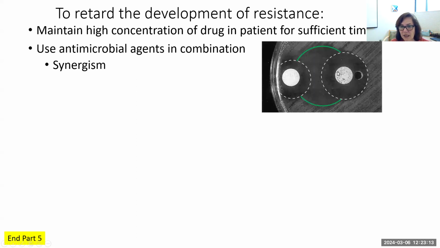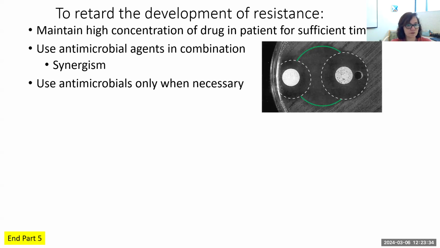Here's one antibiotic. Here's a different antibiotic. They have the zones of inhibition, but can you see how big the zone of inhibition is in that field where both chemicals are present? Wow. This bacterium doesn't stand a chance against this combination of antimicrobial medications.